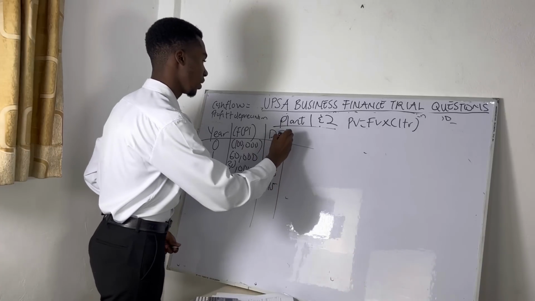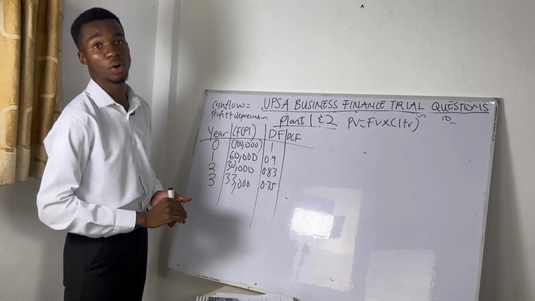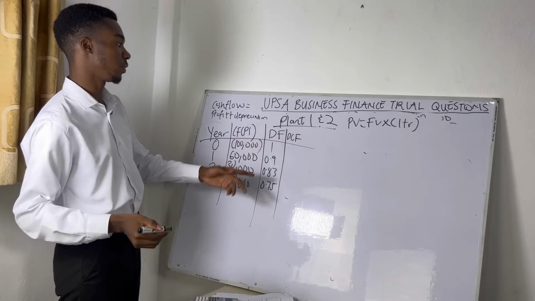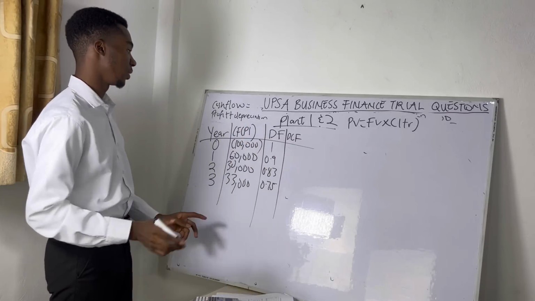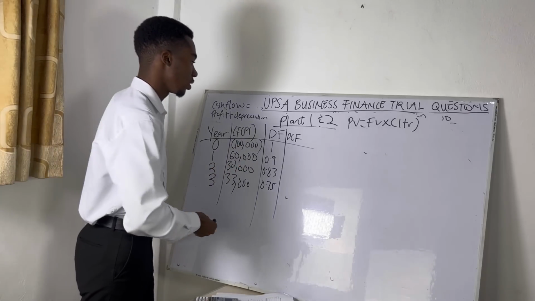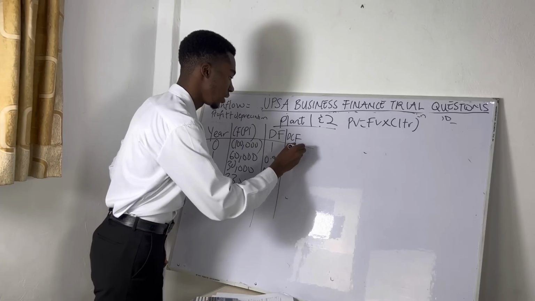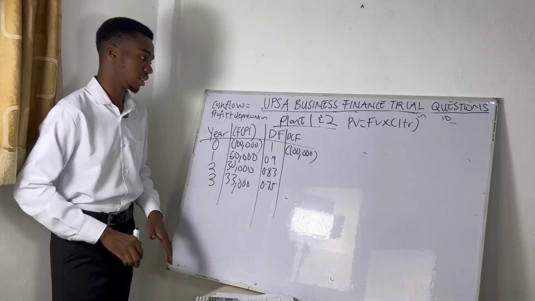Now the discounted cash flow, or the present value as some books call it, is the cash flow times the discount factor. The first one is 100,000 times 1. That one is still going to be 100,000. It doesn't change because it's already in present value, which is the cost, how much you invested. So that one is present day.